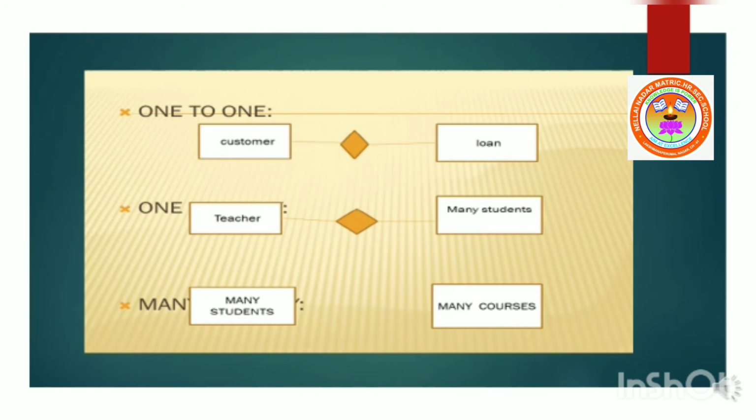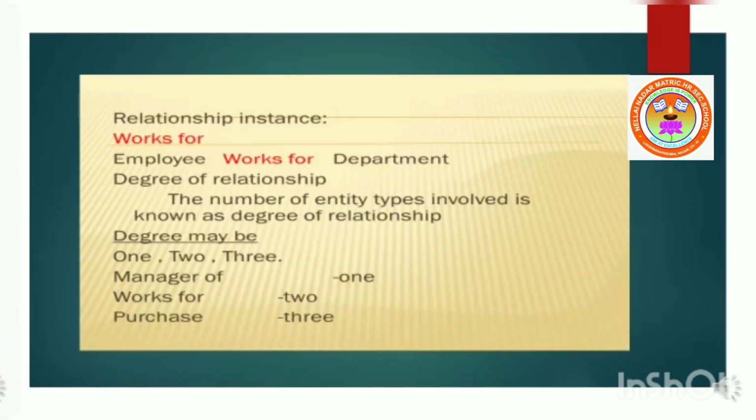One to one means one customer places one loan. One to many means one teacher teaches many students. Many to many means many students study many courses.